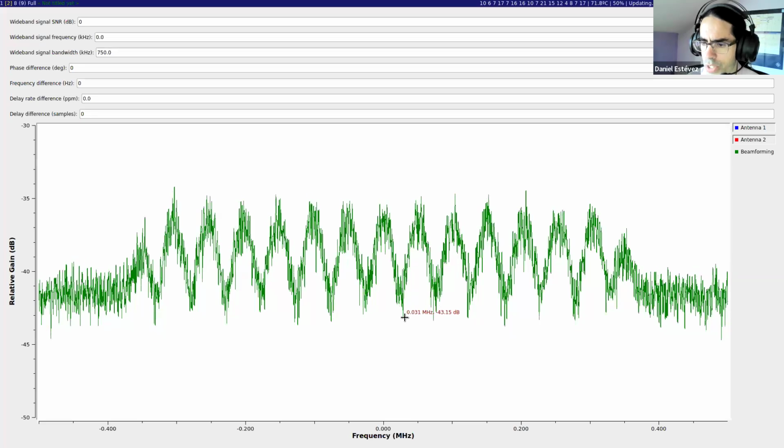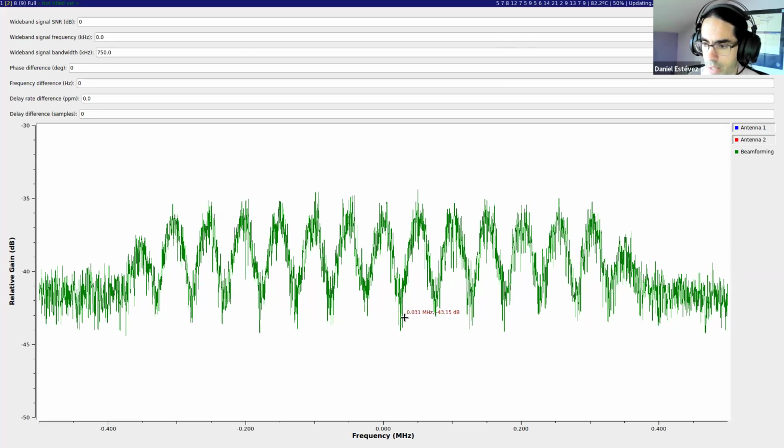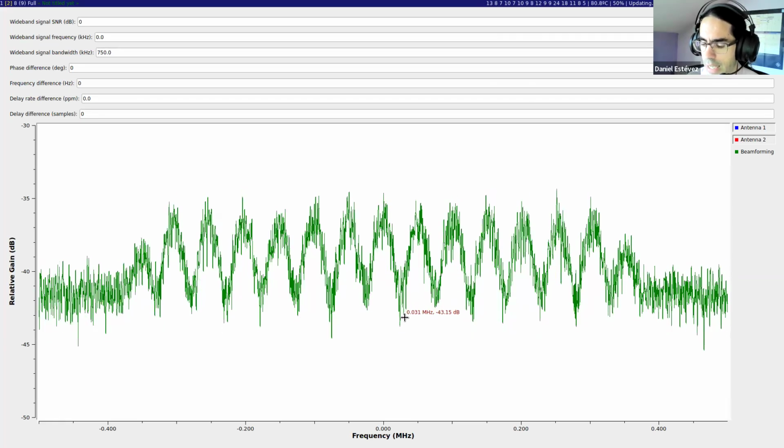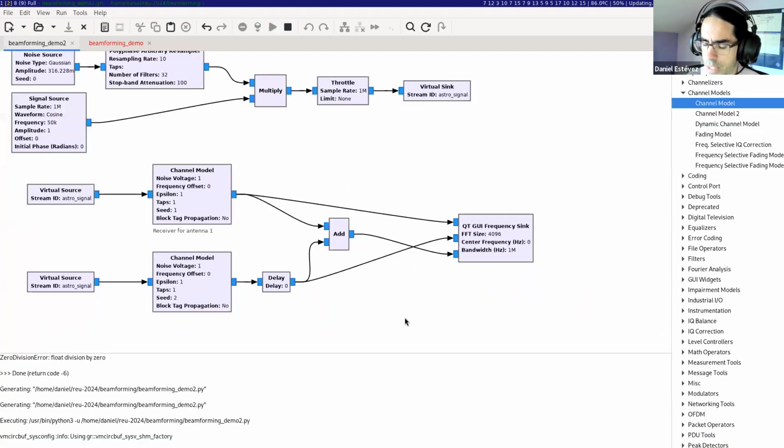But there are also instrumental effects caused by the receivers, the cables, and even things such as the atmosphere. So if the antennas are separated enough, the part of the atmosphere through which one of the antennas is looking at the source can be slightly different compared to the atmosphere above the other antenna.